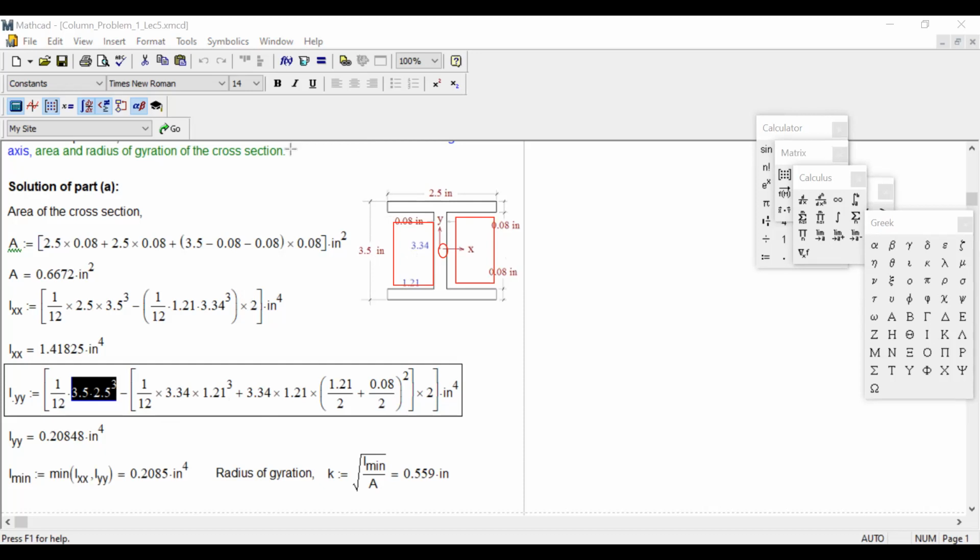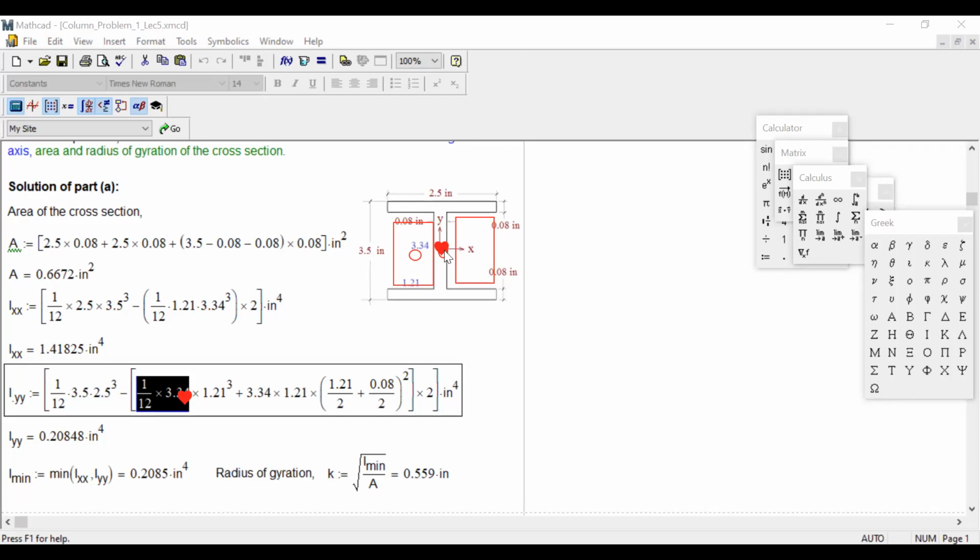But you see 1 by 12 BH cube. So our B is 3.34, the distance from here to here. This is B. And what is the height? 1.21. Right? Now, this inertia you are getting with respect to this point, but we need inertia with respect to this point.